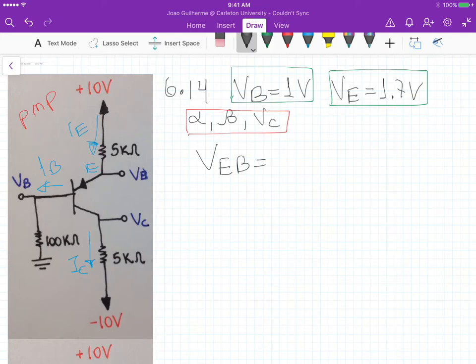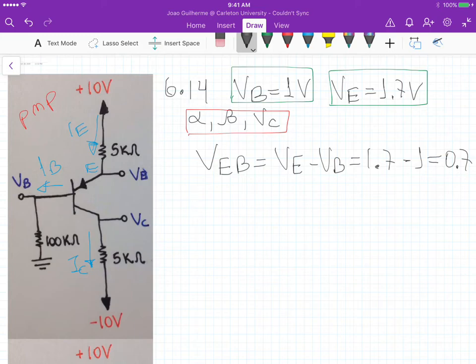So VEB is equal to VE minus VB, which gives us 1.7 minus 1 equals 0.7. So for our first condition, VEB equals 0.7, that's okay. So we can proceed with the active mode equations that we have.